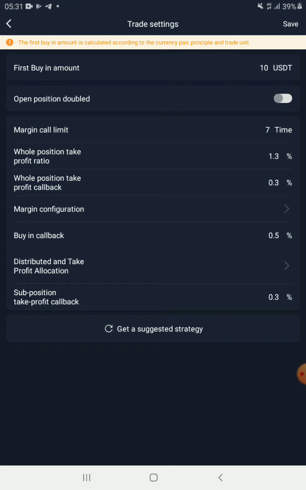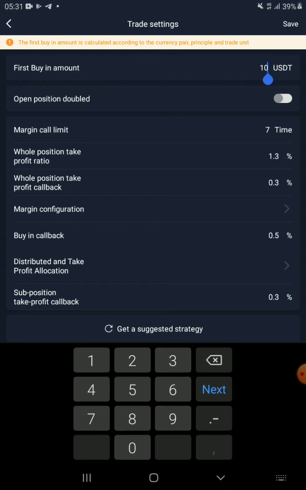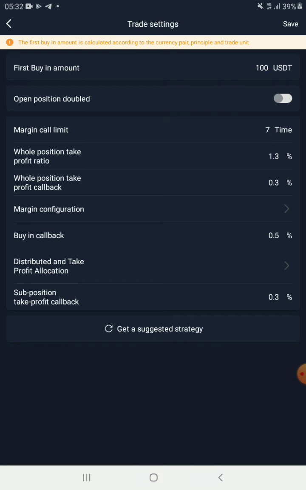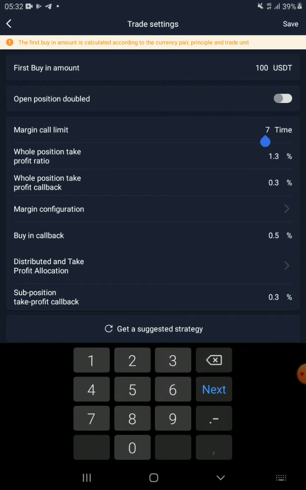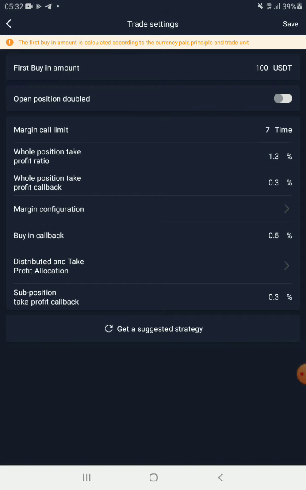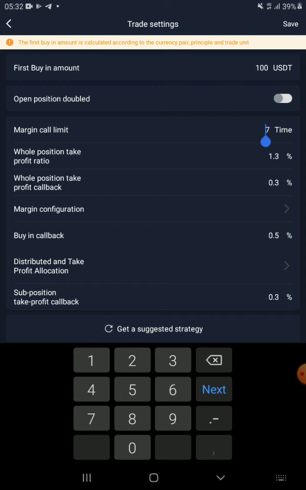So let's say you want to buy in here with $100, right? You are telling this robot that at a 7 level drop of the coin, it should buy at 7 points when it drops. I'm going to explain that further anyway, so we will leave that.